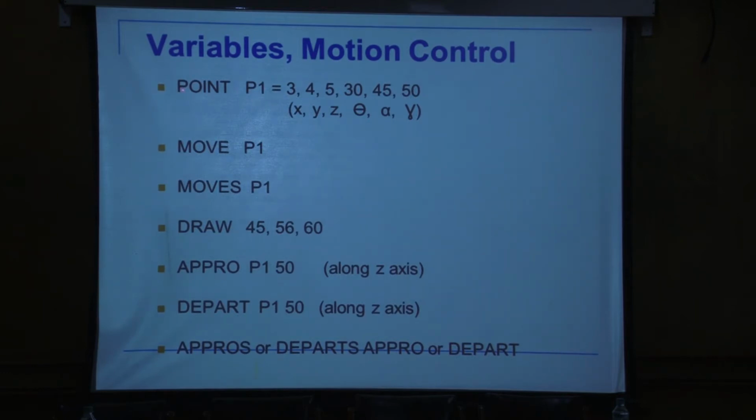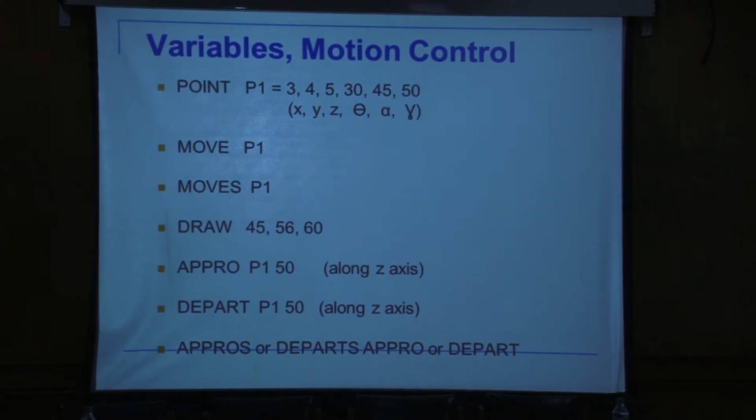It says that P1 is a point, and these three are the coordinates in space with respect to the base 0, 0, 0, and this is the angle of the end effector. So if I say a point P1 is at this point, I have to say what is x, y, z of that point, plus I have to say what are the angles with respect to either the base or its own coordinate system.